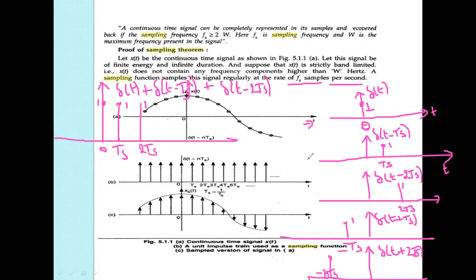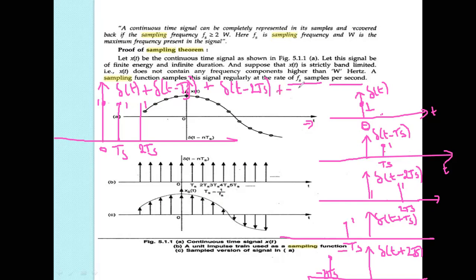Here 1 plus 0 is 1, and here 0 plus 1 is 1. If these are added again, 1 plus 0 plus 0 is 1, 0 plus 1 plus 1 is 1, and 0 plus 0 plus 1 is again 1.